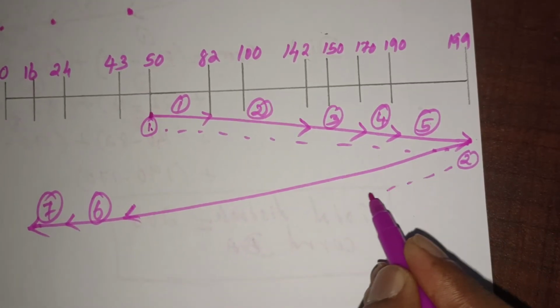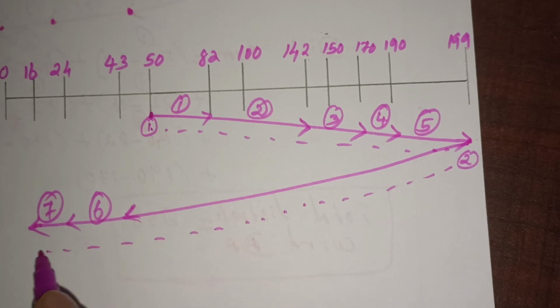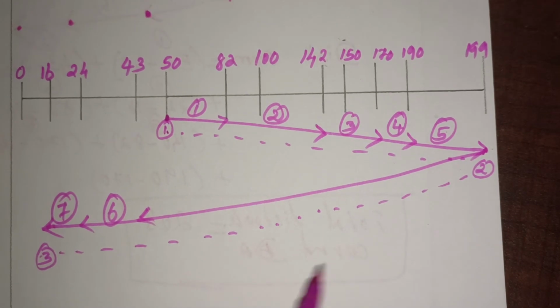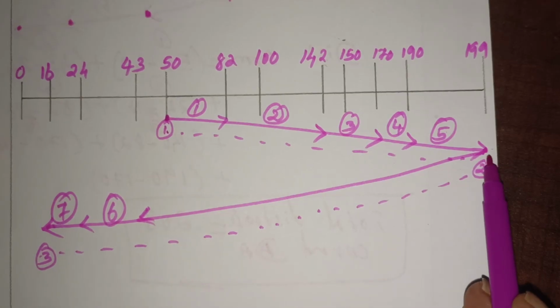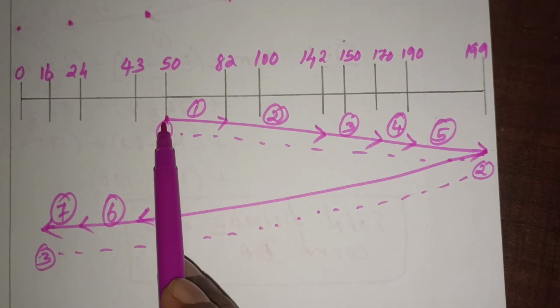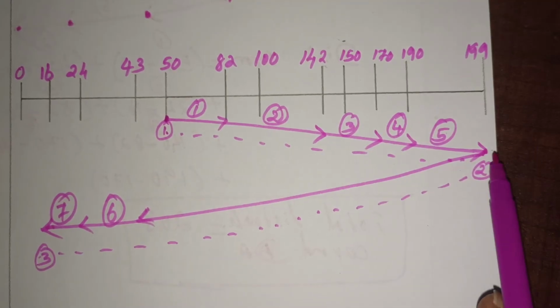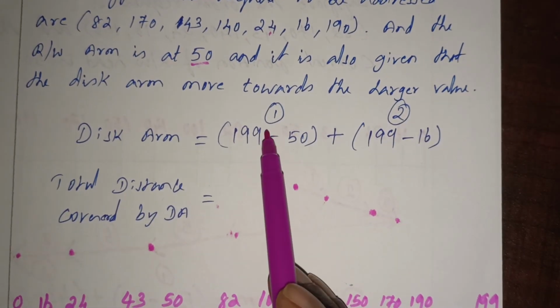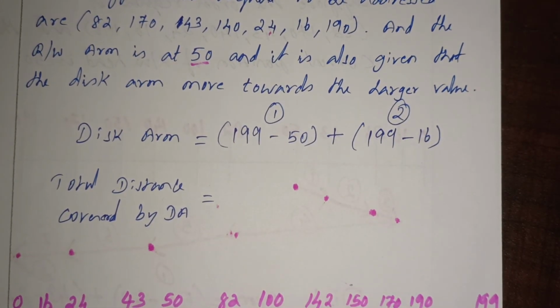And again it starts from this direction and stops at the last position, right? So totally we have only 4 points, 50 to 199, again 199 to 16. So 4 end points and 4 points have been traversed, right?